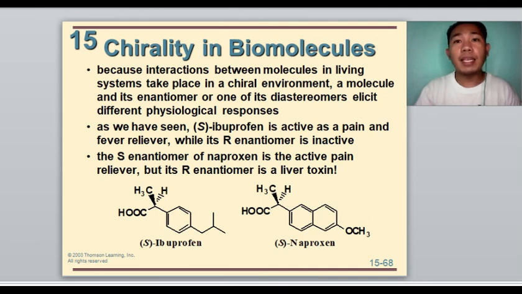As we have already seen, S-ibuprofen is active as a pain and fever reliever, while its R enantiomer is inactive. Also, the S enantiomer of the closely related analgesic naproxen is the active pain reliever of this compound, but its R enantiomer is a liver toxin.